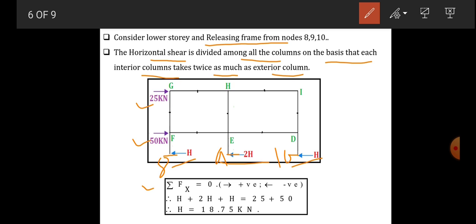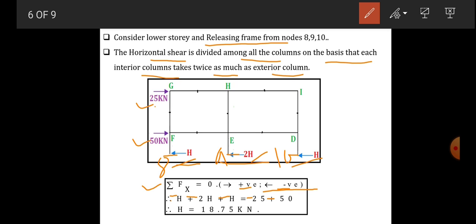Now doing summation Fx, we can find the value of H. Right is positive and left is negative according to the sign convention. We must take minus H, then minus 2H, then minus H, and this one for this 2 plus, it becomes minus minus on this side.